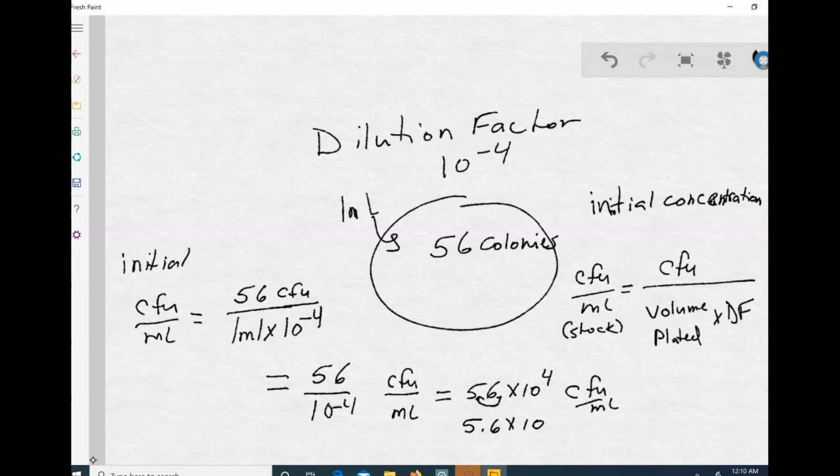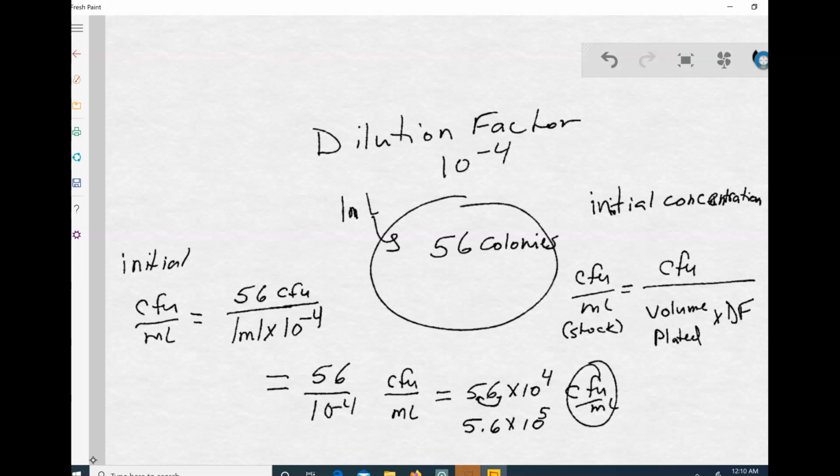To make this number smaller, that means I need to multiply by another power of 10 here. So times 10 to the 5. You could always leave it unsimplified if this simplification, 56 times 10 to the 4 versus 5.6 times 10 to the 5, confuses you. My units are still CFU per mL.